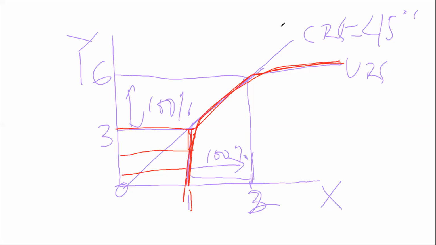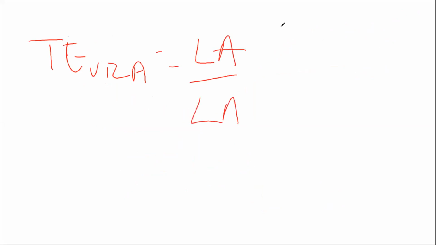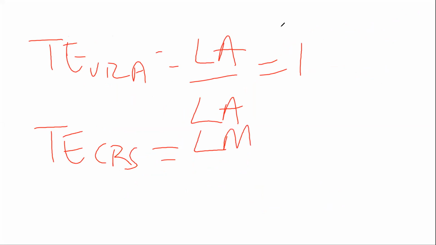For technical efficiency VRS for firm A, this is going to be the distance to the frontier, which is LA divided by LA. That was 1 because it was on the frontier. Now, the same technical efficiency, but this time related to the CRS, is always defined as the distance to the frontier, and that frontier point was M. So it will be LM divided by the distance to the firm, which is LA.